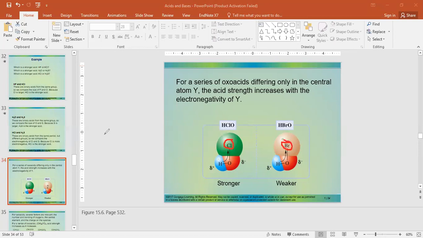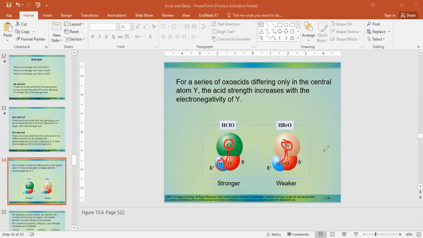Between chlorine and bromine, which one is more electronegative? You would expect chlorine to be more electronegative than bromine, so this hydrogen is being pulled effectively towards the chlorine, and here it is being pulled towards the bromine.